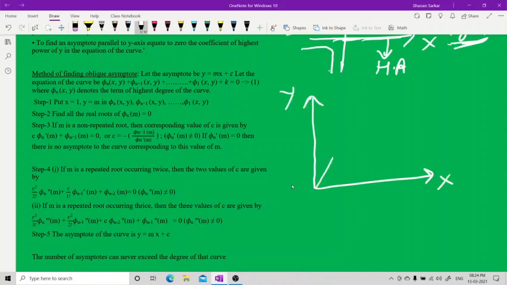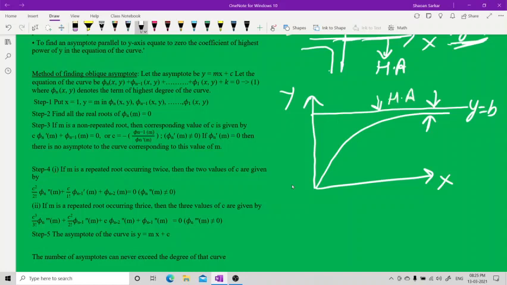And I draw a line like this, and then the curve is like this. I draw a line somewhat like this, y equal to b. This line will touch the curve at infinity, means it will never touch the curve and it will become parallel to the curve. So this is called the horizontal asymptote, y equal to b.